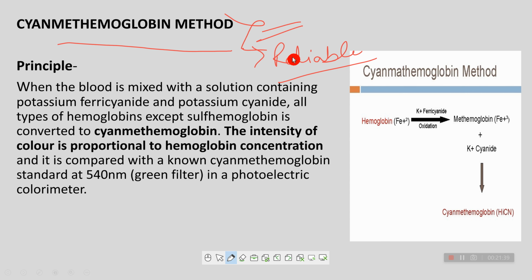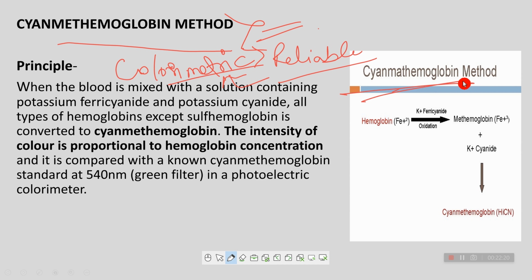It is also known as the colorimetric method, because it includes the assay by an instrument called a colorimeter. By the help of the colorimeter, we measure the intensity of hemoglobin in this method.